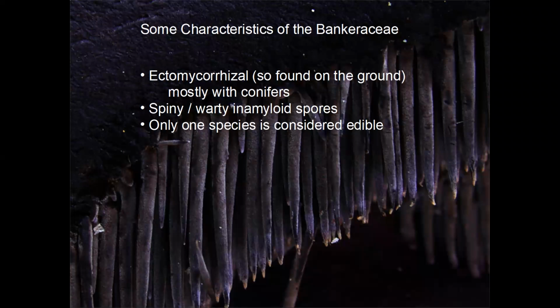nutrients from the soil, which the fungi are actually much better at extracting than the plants. But in turn, because fungi can't produce their own food, they have no chlorophyll, so they get sugars from the tree. So there's this little economic trade that goes on between the fungi in the ground and the plants.